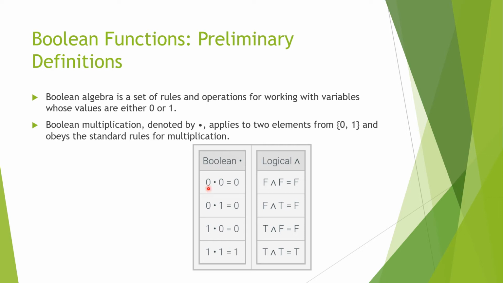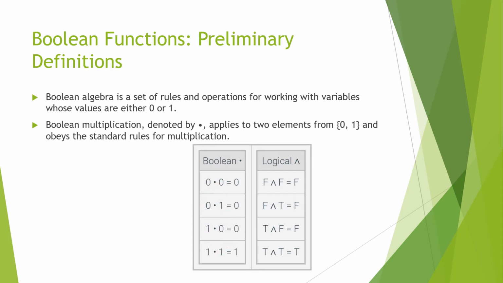Basically, 0 times 0 is 0, 0 times 1 is 0, 1 times 0 is 0, and 1 times 1 is 1. These are all the possible cases that a Boolean multiplication can have.